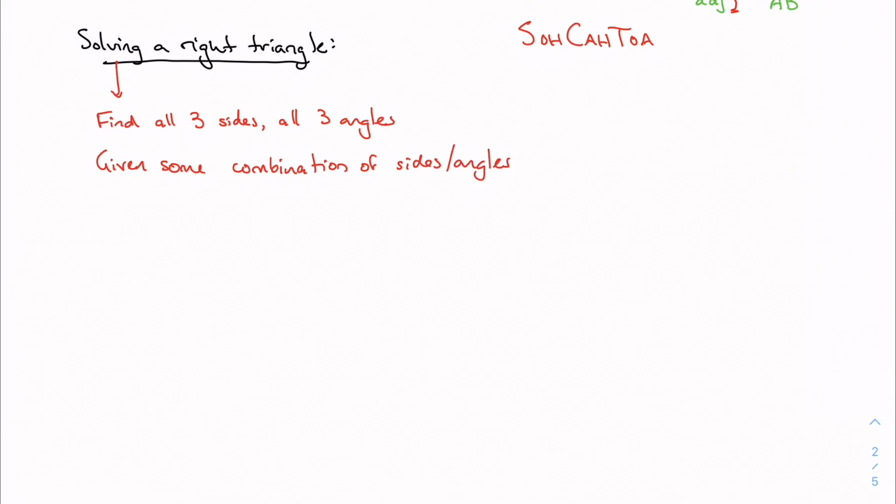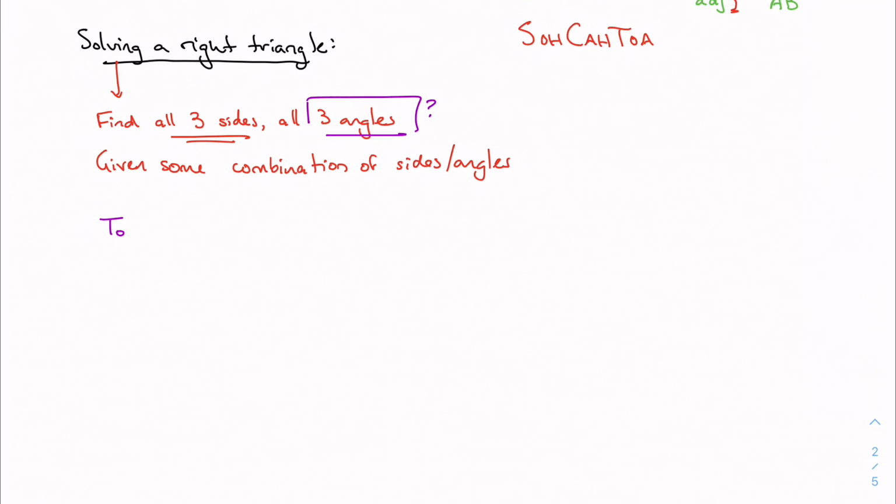And those combinations of sides and angles are typically sufficient to solve the whole triangle. Otherwise, you wouldn't be able to solve it. Well, we can probably figure out how to solve the sides. You might be wondering how we go about solving these angles.